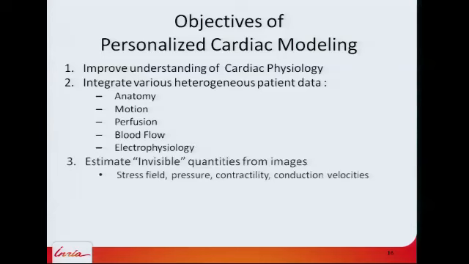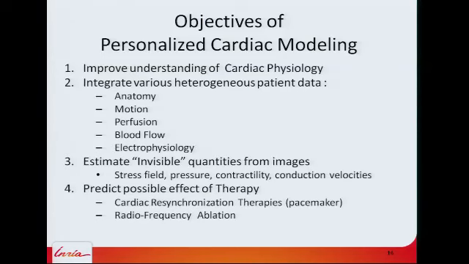So the objective of those models is to first better understand what is going on when the heart beats. Again, to try to integrate the different phenomena together, and also to estimate some invisible quantities from images. So again, what you have access to in images is mostly shape and, as I said, related to extensive variables of flow, motion.